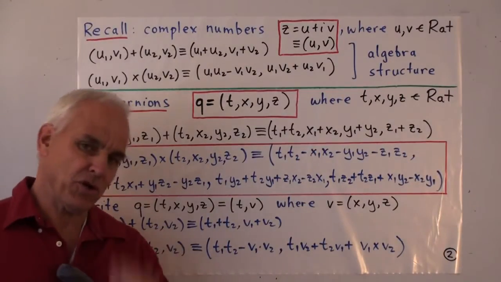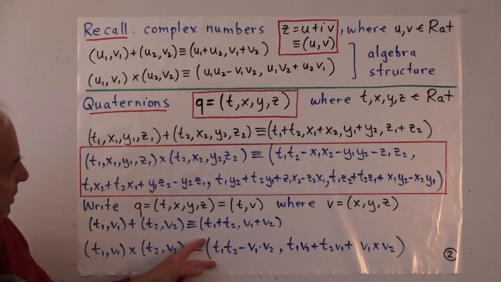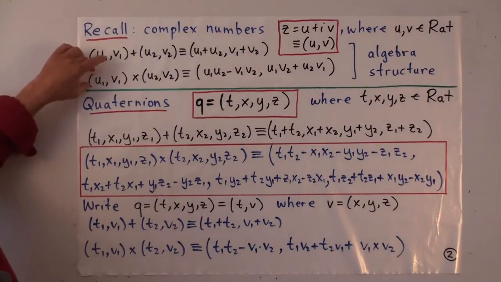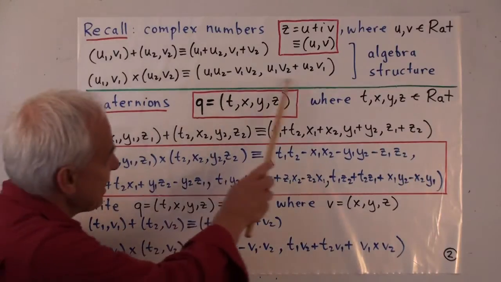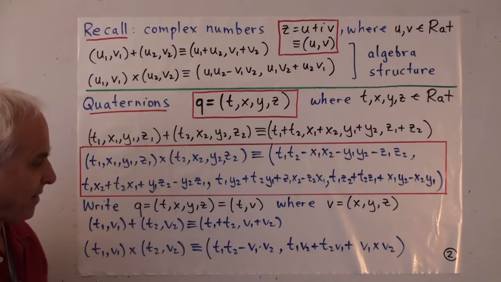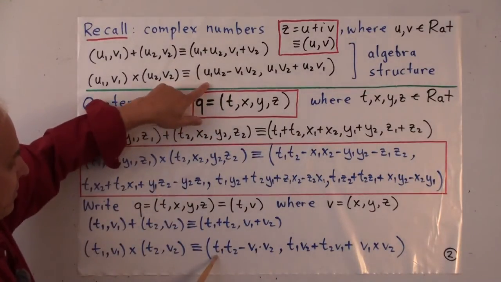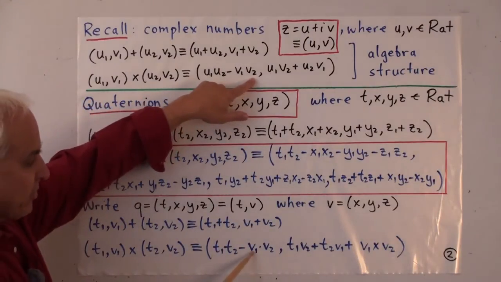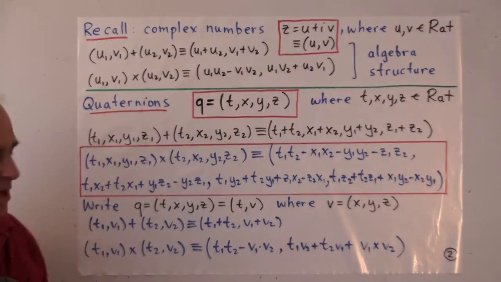Now there's one additional useful thing to point out, and that's that this formula for multiplication in this form is actually very close to the formula for multiplying complex numbers. So if you imagine just taking this formula and replacing u's with t's, then you see that this and this is very parallel. t1 t2 minus v1 dot v2, it's almost the same as that, except we're talking about the dot product of the 2 vectors, not just the product of these numbers.